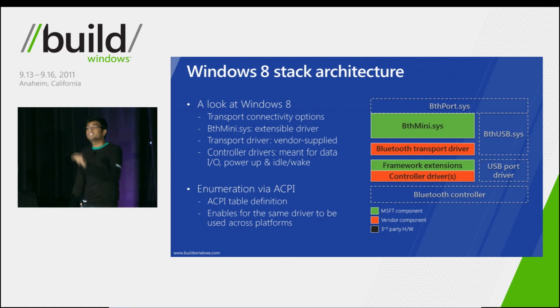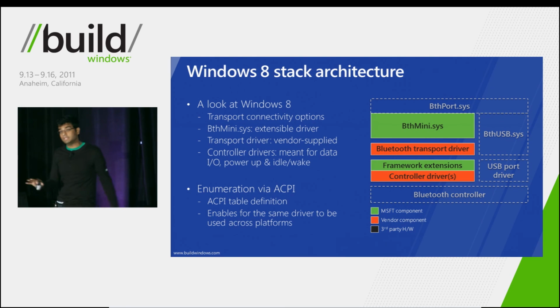And basically, our BTHmini component has public interfaces below it, so your driver can plug right into it. Now, both of these components together are the equivalent of BTHUSB. Below this, we still need controllers for data I/O, managing our power, for our power up and idle wake signaling. So we rely on these controller drivers, and we'll get into exactly what this means in a little bit. These controller drivers are now equivalent to the USB port driver.